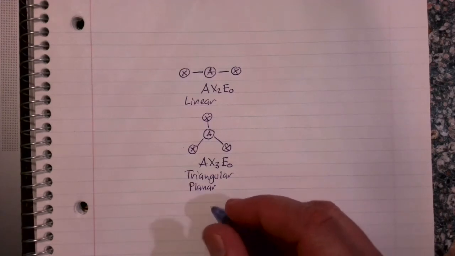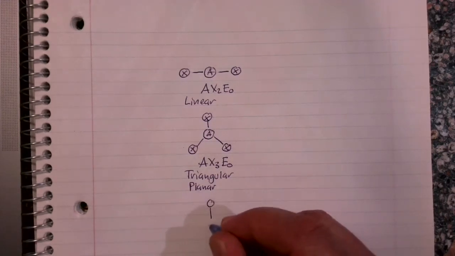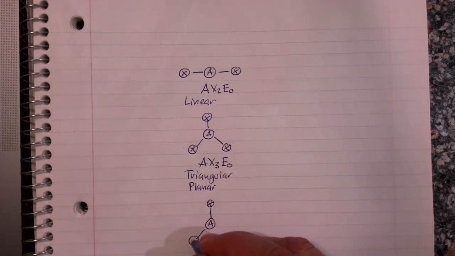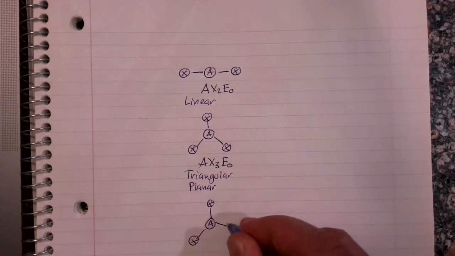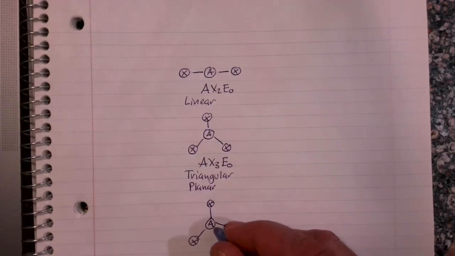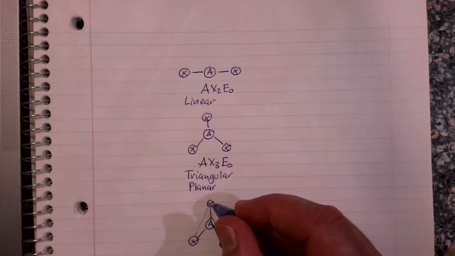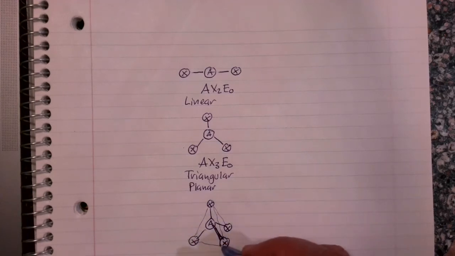If I have 4 things arranged around the central atom, and I'll try to sort of draw this in perspective. In other words, we have this arranged, this is a little hard to see, around the sides of a tetrahedron, like this, right? Then we have our AX4E0, and that's a tetrahedral arrangement.